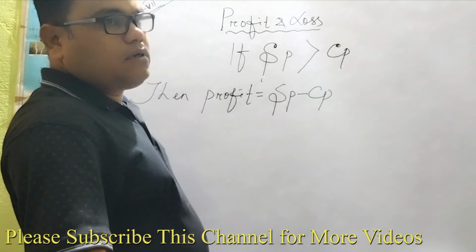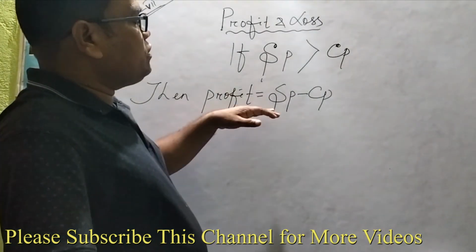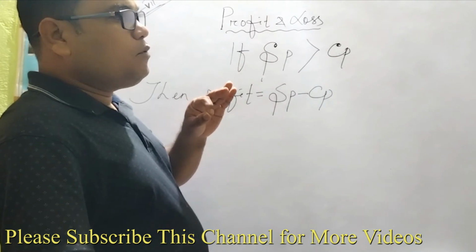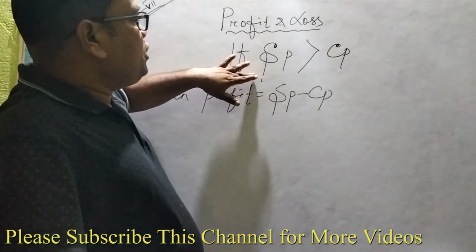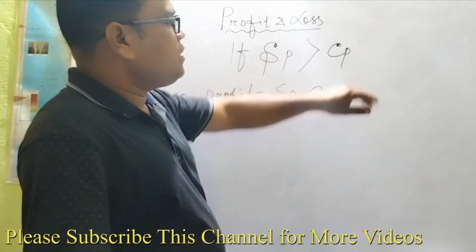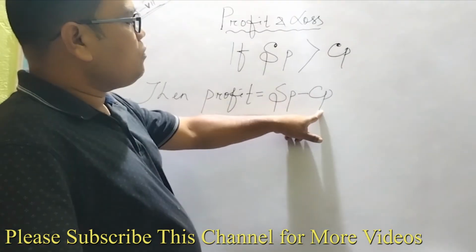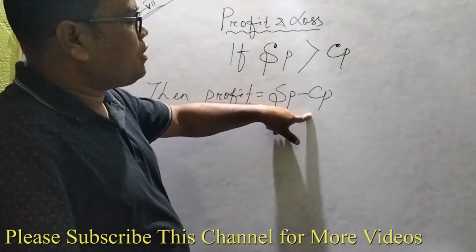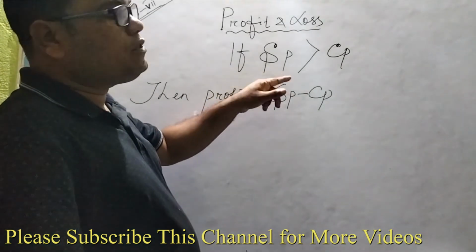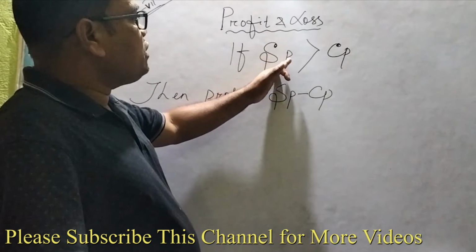Suppose anyone is confused about how to find the profit, and doesn't know the SP, CP concept. Simply remember one thing here: the selling price is more, the cost price is less. So in case of profit, the smaller amount will be subtracted from the greater amount. So SP is greater, meaning your gain will be greater minus smaller.